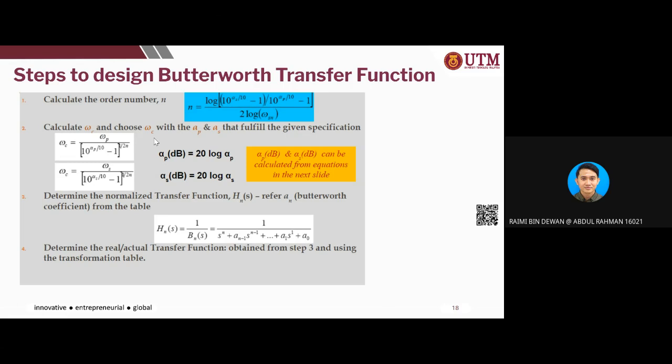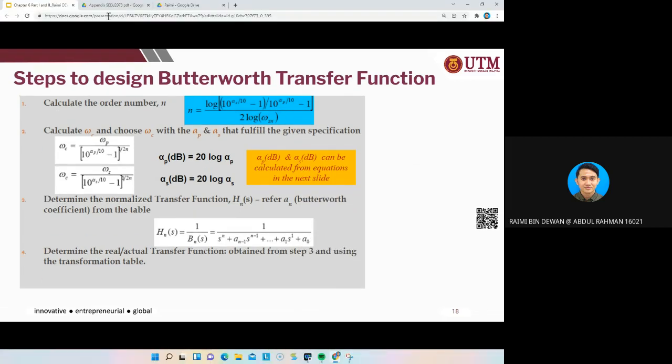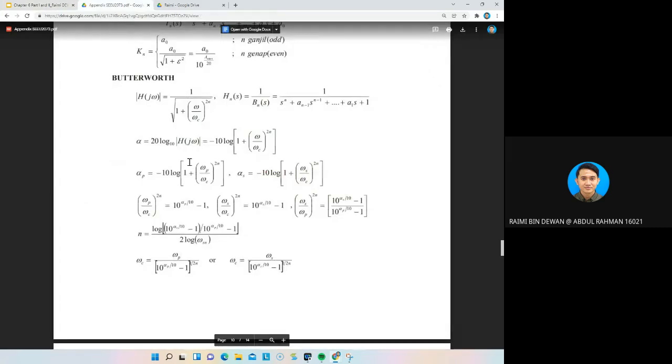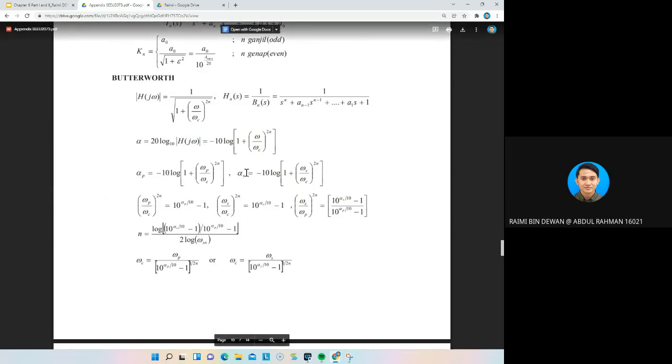Don't worry if you don't understand now. We will go to the exercise. Alpha p and alpha s can be calculated from the equation in the next slide. Let's see in the appendix for the Butterworth. You can see this is your alpha p and this is your alpha s, given. So don't worry.